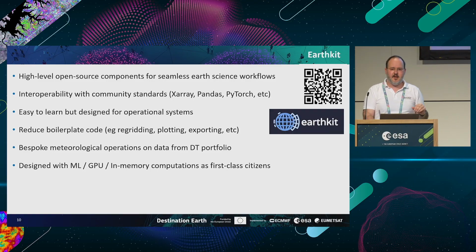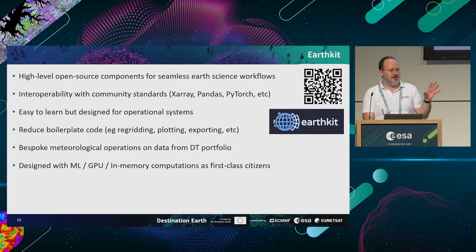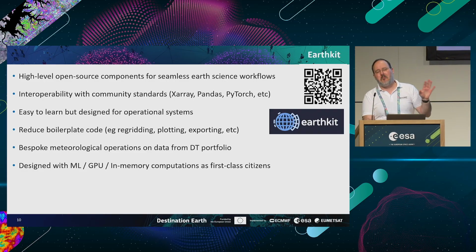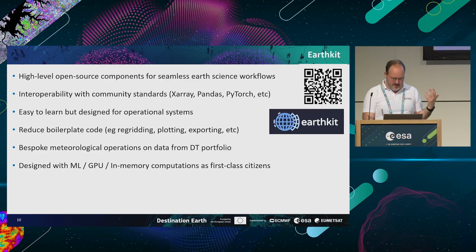We have a running tagline within our development community: one line to get the data, one line to process it, one line to plot it, right? Of course, it tends to be more than that, but we aim for that simplicity.